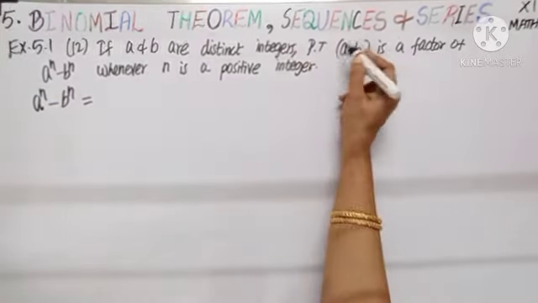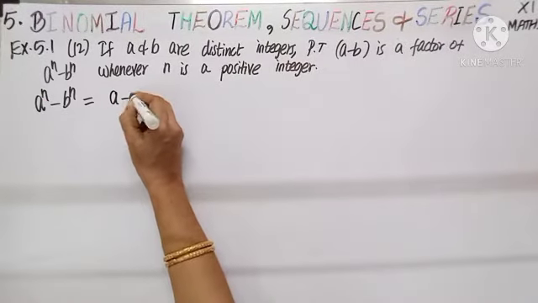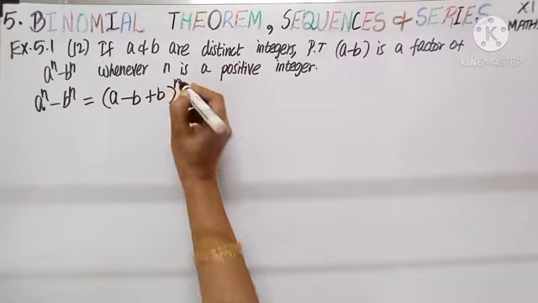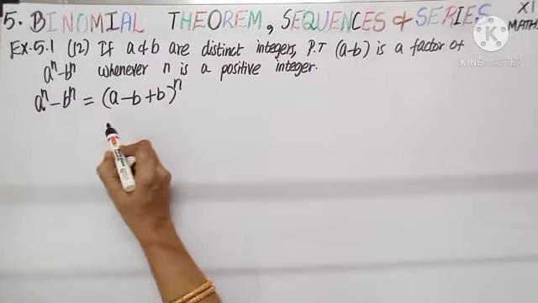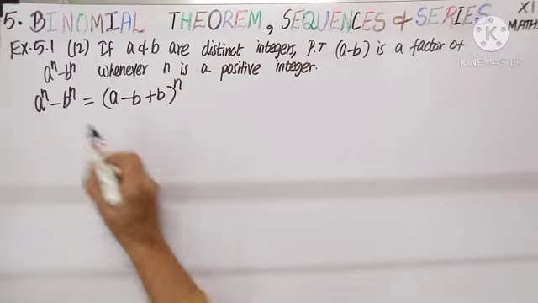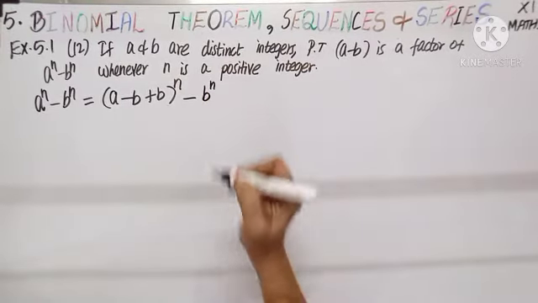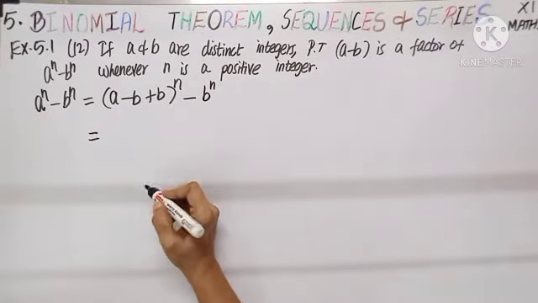I want a minus b. So let me write a as (a minus b plus b) the whole power n. I am writing a power n as (a minus b plus b) the whole power n. You have the second term, minus b power n, equals. Let us expand.